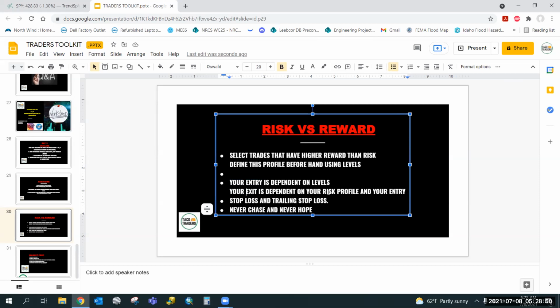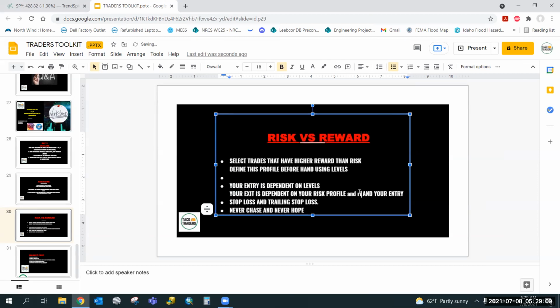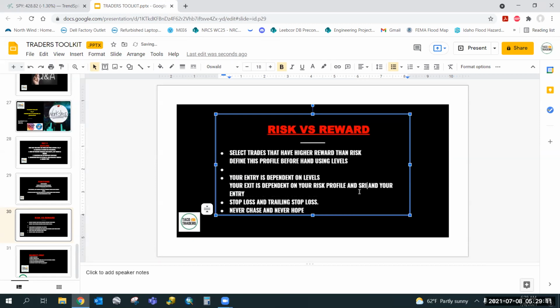It's dependent on your risk profile, and also on how much risk you're willing to tolerate, so your risk profile and risk tolerance.